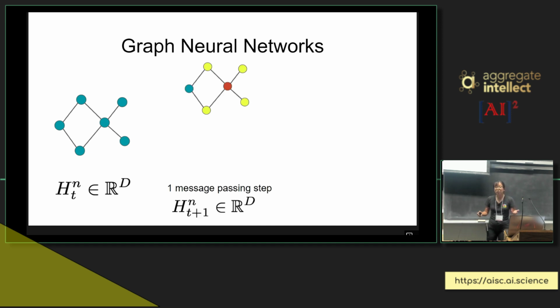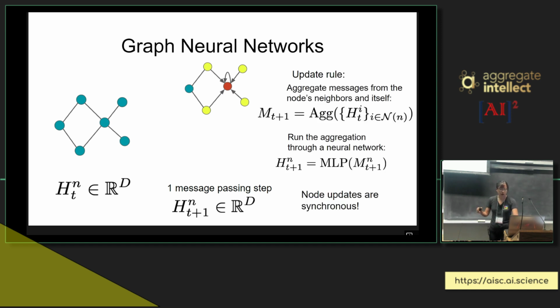So in the first message passing step, we'll focus as an example on this red node here. Basically, this red node is going to take in messages from all of its neighboring nodes shown in yellow, where the messages are the node embeddings of its neighbors. It's also going to take in a message from itself, which is just its own node embedding.